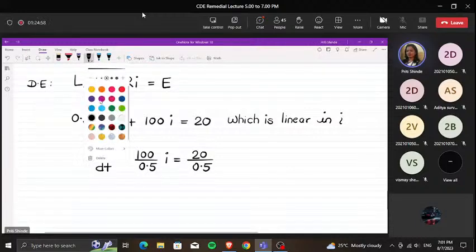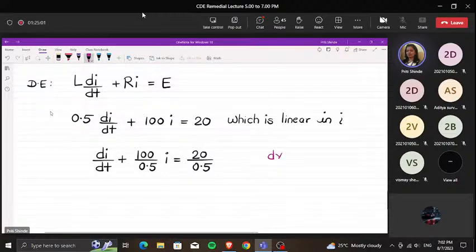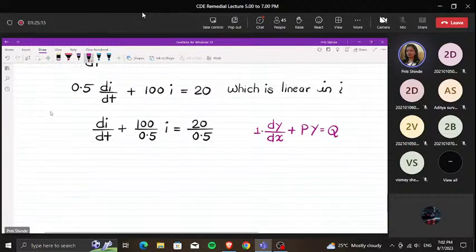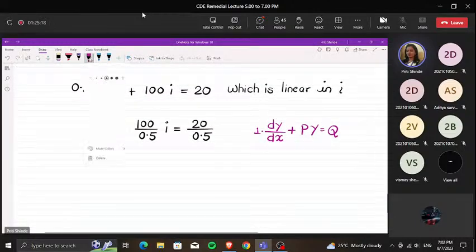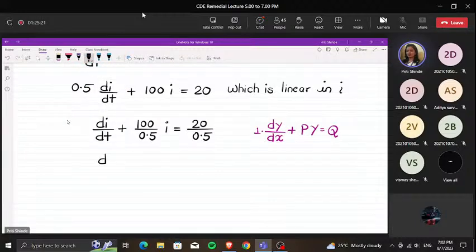Why? Because if my differential equation is linear in y, my differential equation is dy by dx plus py is equal to q. So you can see the coefficient of the derivative is 1. Here the coefficient is not 1. So divide throughout by 0.5. Okay. So after simplifying, we get di by dt plus 100 divided by 0.5, so using a calculator, or you can directly find, it is 200I equal to 40.